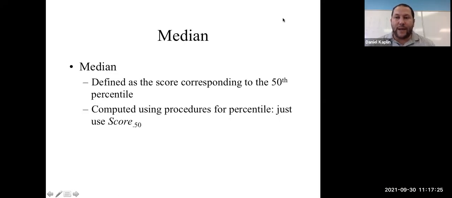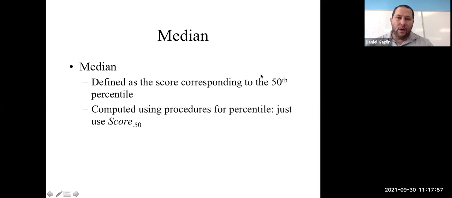All right, so we're back looking at the median. The median, as we learned in the previous lesson, was the 50th percentile. So if you go to the lesson on calculating raw scores, when a percentile is given, the way to calculate the median by hand would be the same formula that we learned in the previous lesson.